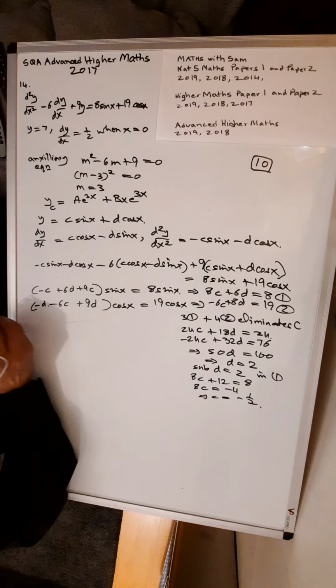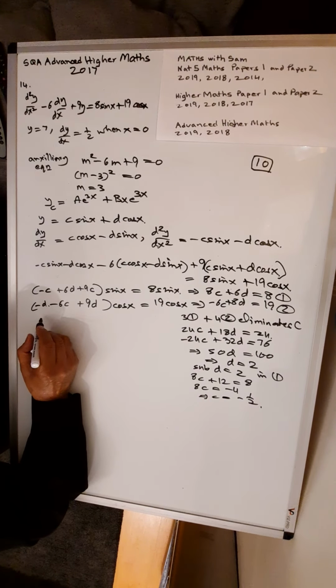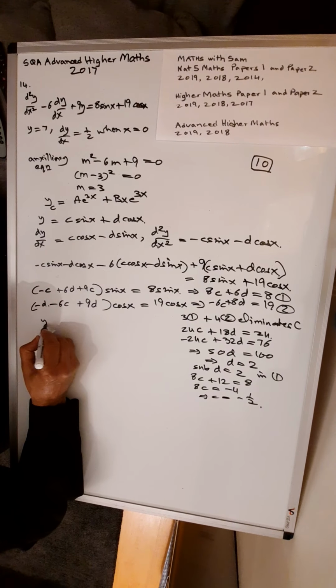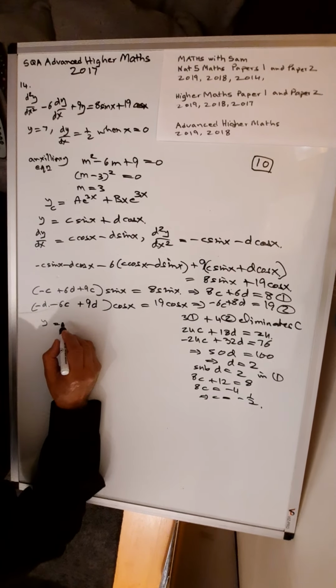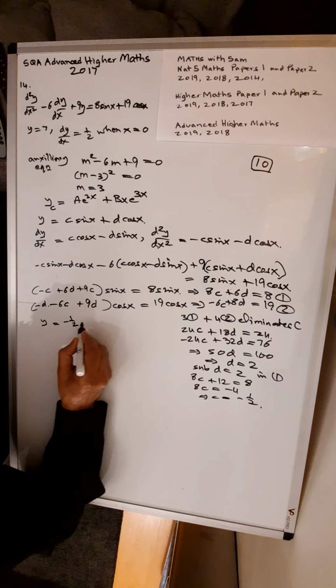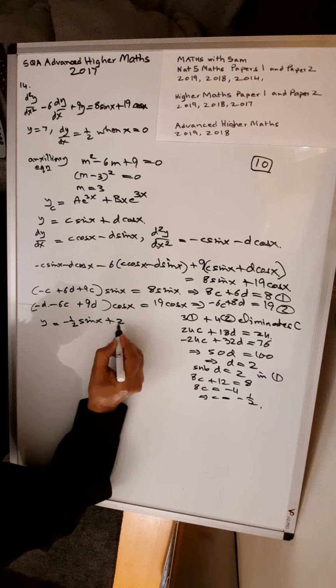So that means that your particular equation there is y equals minus a half sin x plus 2 cos x.